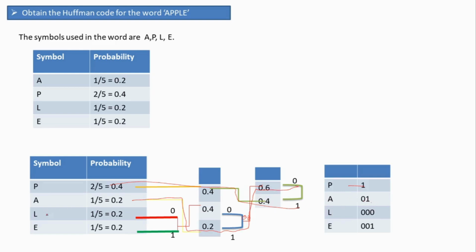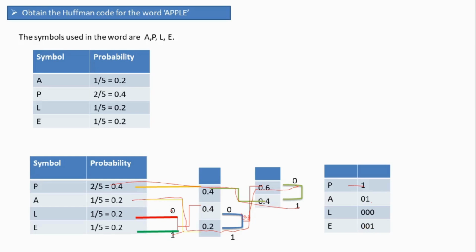And for the L, it is 0. Next here we write 0, 0, 0. That is L, 0, 0, 0. For E, it is 1, 0, 0. We have to write in this order, 1, 0, 0.